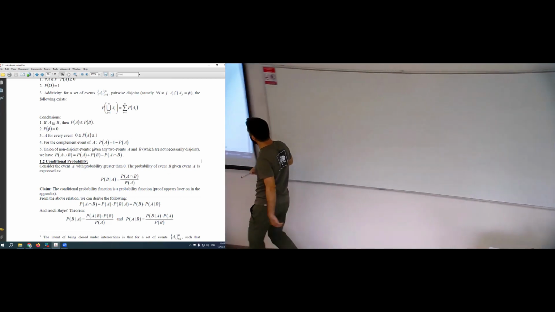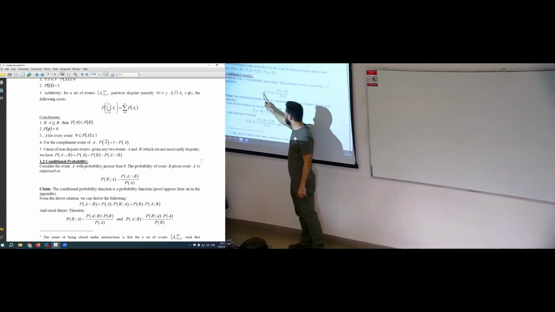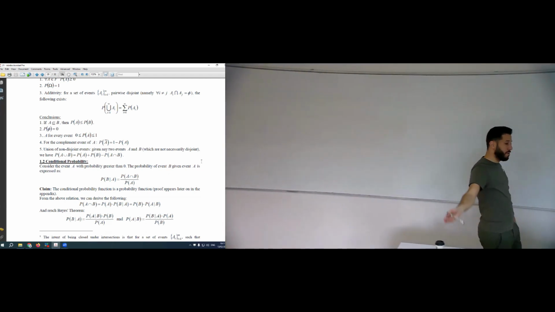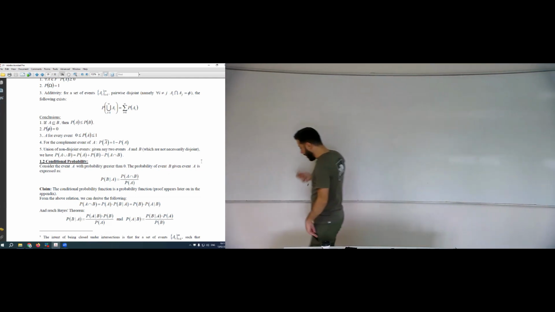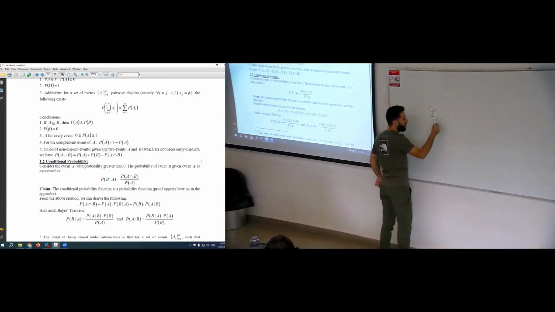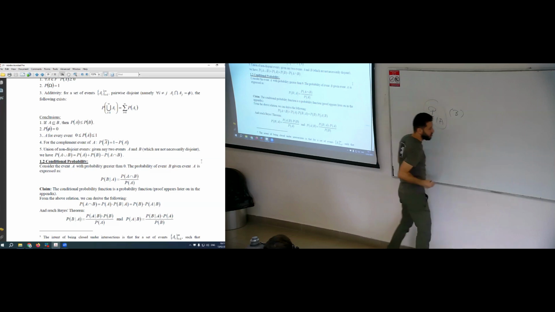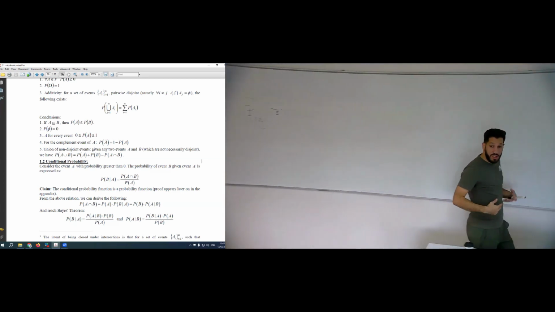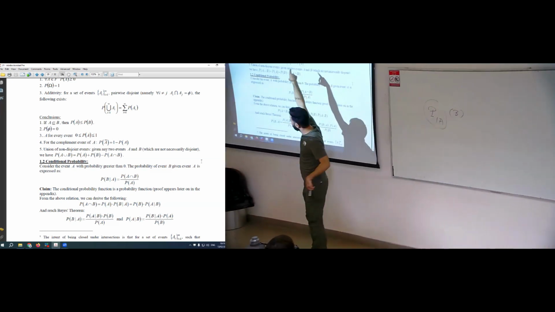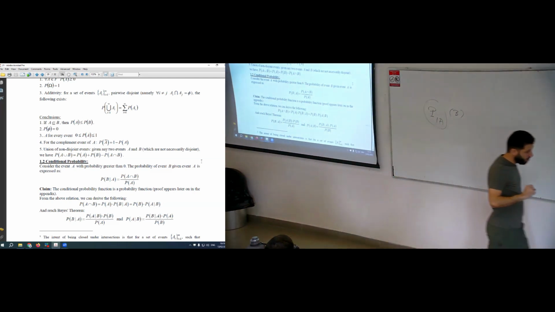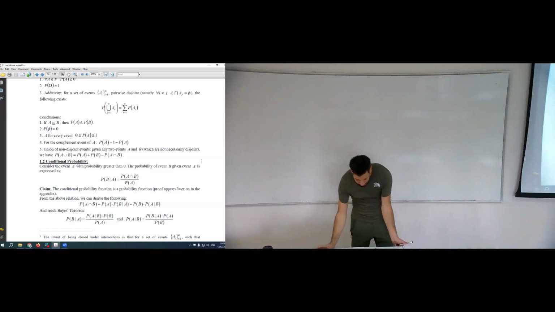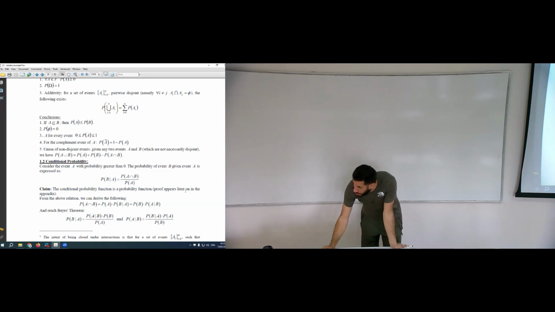If we go with this definition, P of B given A is P of B and A divided by P of A, we can prove that this new function, which I can call P_A, is also a probability function that meets the three axioms, if I know that P is a probability. These things you've done before.